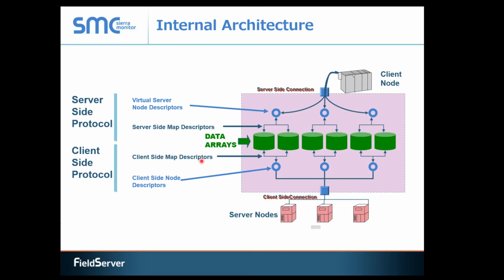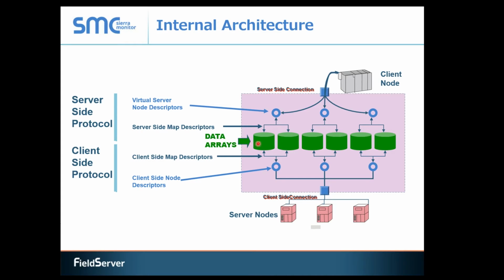Now client-side map descriptors is just a fancy word for mapping, and this is where we do the mapping of the data from our server nodes out into the field into our internal memory storage area, which is called data arrays. So data arrays is a very important concept in the field server, because in reality what we're really doing everywhere in the field server is we're mapping points in and out of data arrays.